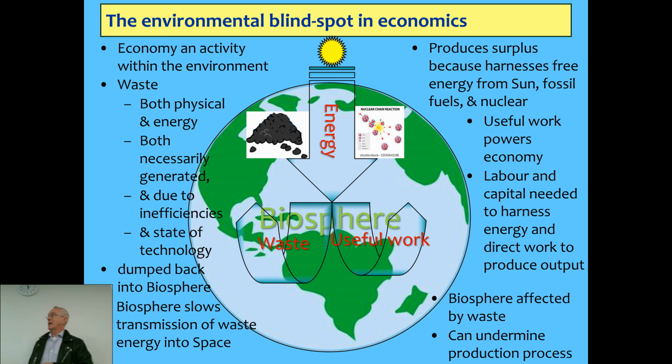And of course that can undermine the production process. If you're reducing the capacity of the planet to absorb the waste by dumping more waste into it than it's capable of handling, then over time its capacity to process that waste degrades, and we see the environmental problems we face on the planet.